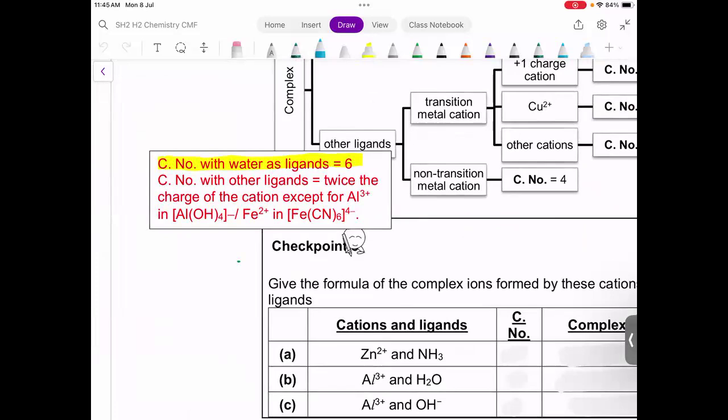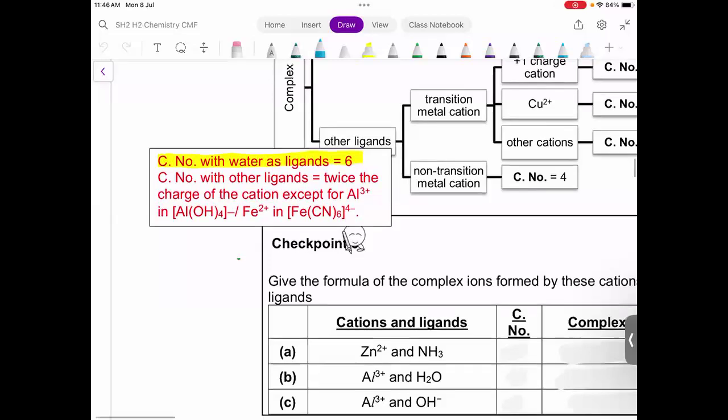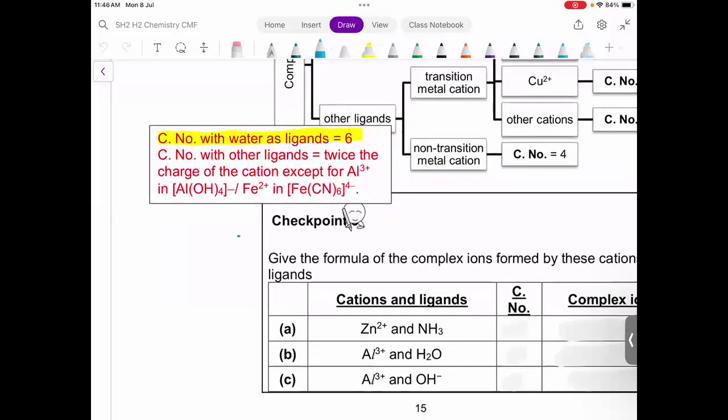First thing first, I want to highlight: if water happens to be your ligand, then most often it's 6, unless suggested otherwise by the question. If the question did not say anything and water is the ligand, by default 6. If it's other ligands, twice the charge, but there's always exceptions. For example, Al3+, iron 2+.